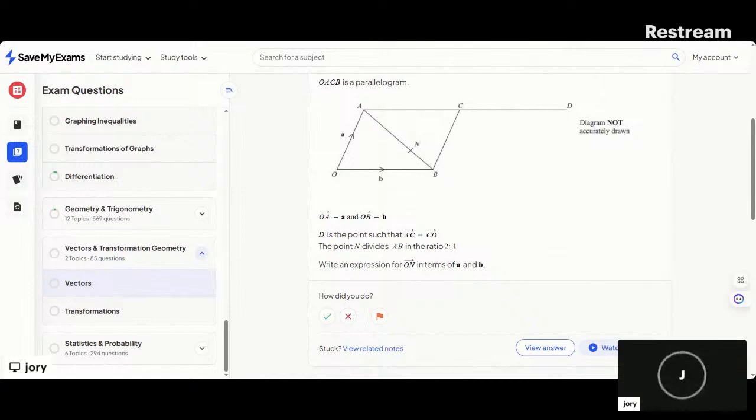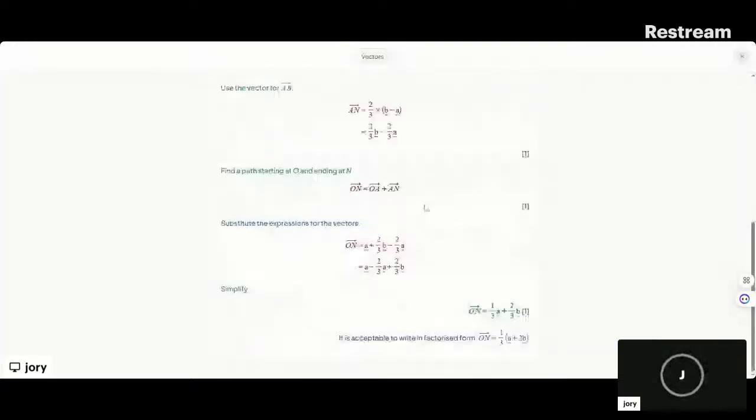So it's 1 out of 3A. 2 out of 3B minus 1 out of 3A. 2 out of 3B plus 1 out of 3A. Sorry, plus 1 out of 3A.